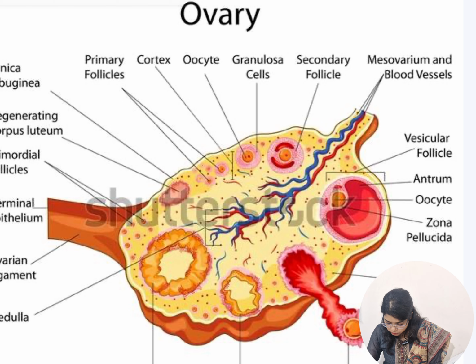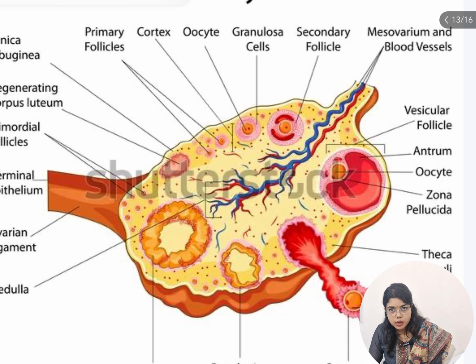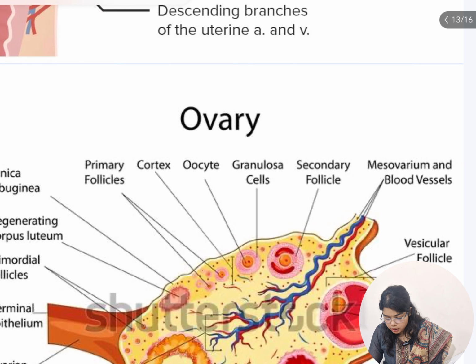So what is present in the cortex? All the follicles, the structural and functional part of the ovary, are present in the cortex.